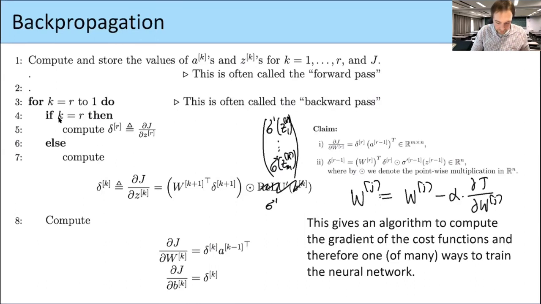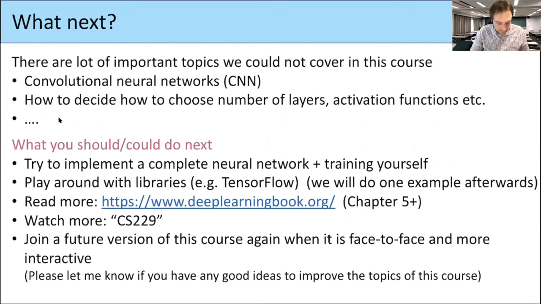And maybe those familiar with Python could try to implement this. So this is what I would like to say next. I mean, this is now the last lecture of this course, at least for this semester. And there are a lot of things we couldn't cover. So, for example, there's this notion of convolution in neural networks, which are used for image recognition.